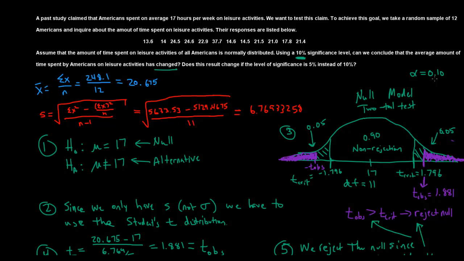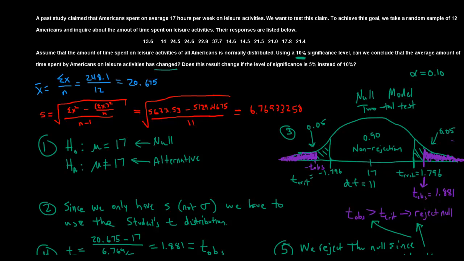Okay, so what we did was, with this example, we weren't given a standard deviation for the population. In fact, we weren't given the mean for the sample either. We were given a population mean, and we were given some sample data. So over here we had to calculate the sample mean.